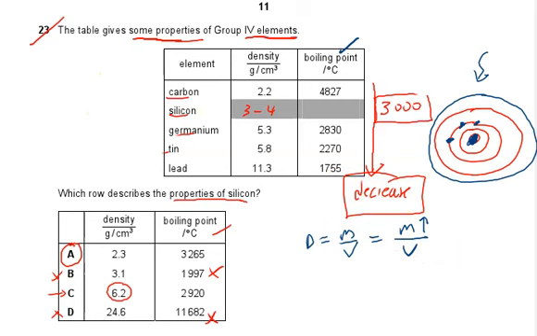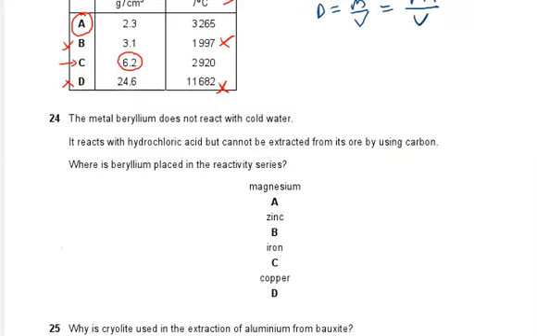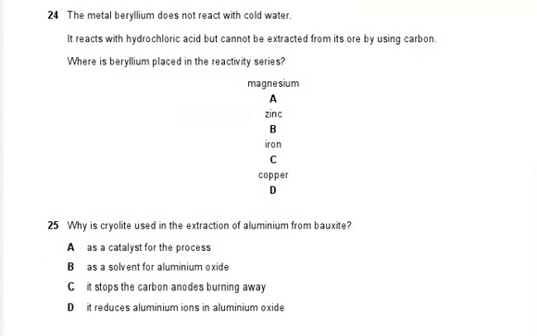Now let us look at number 24. The metal beryllium does not react with cold water. It reacts with hydrochloric acid but cannot be extracted from its ore by using carbon.